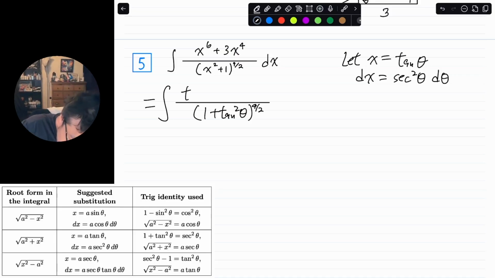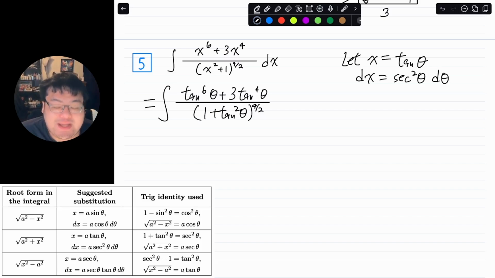So we have tangent 6 theta plus 3 times tangent 4 theta, and lastly we plug in the differential, dx becomes secant squared theta d theta.